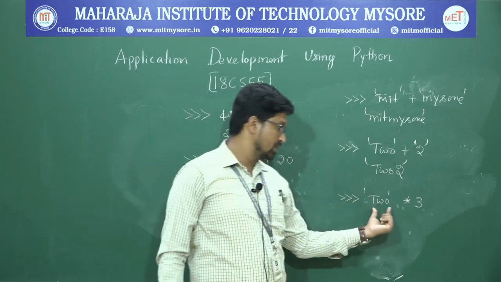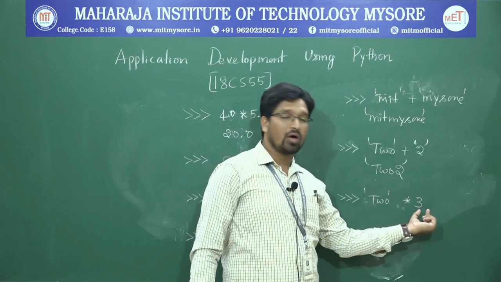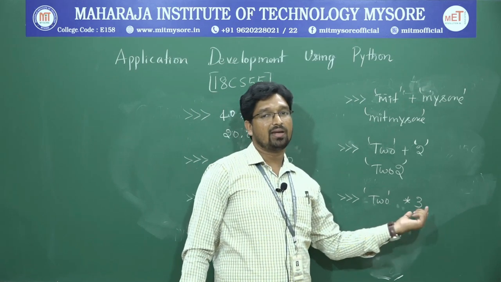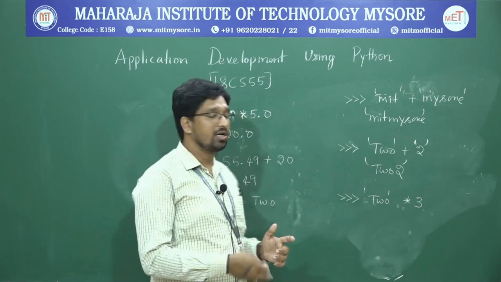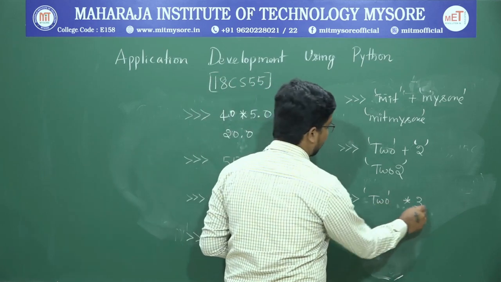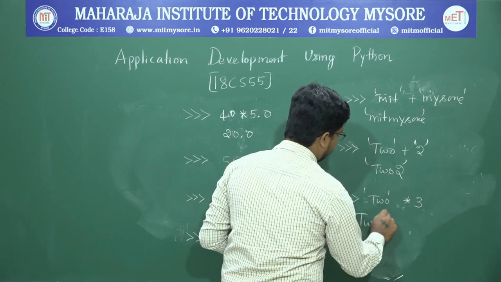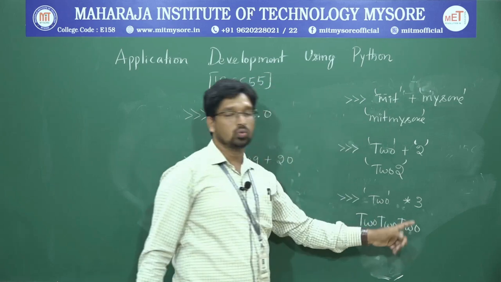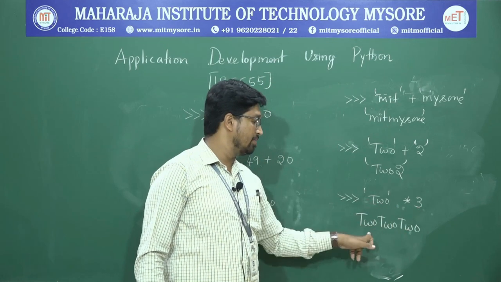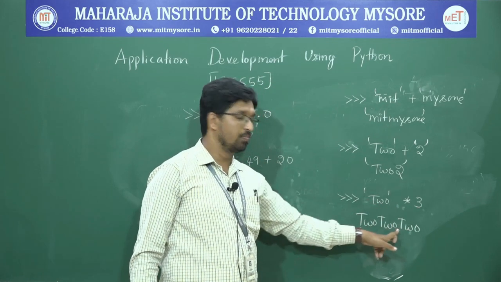But what about this? You have a string and you have an integer. Again, it is not an error. It is called replication. 2 star 3 means it will generate the word 2 three times, 2, 2, 2, without any space.